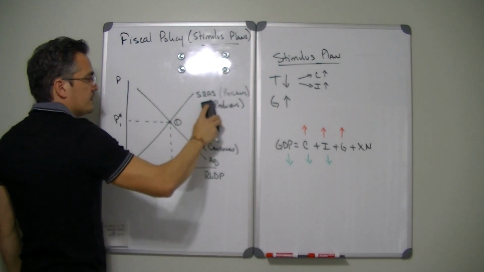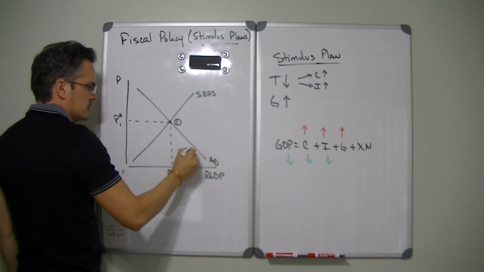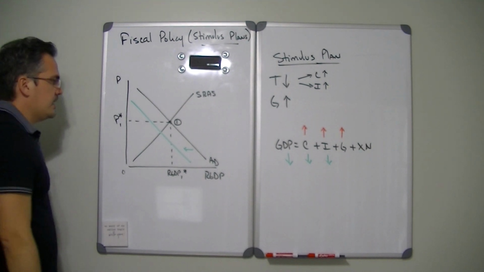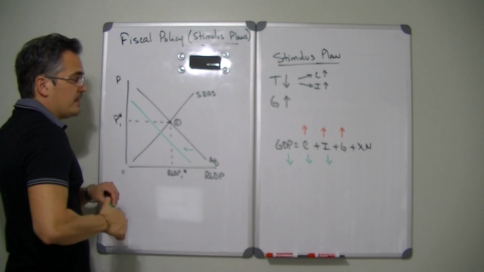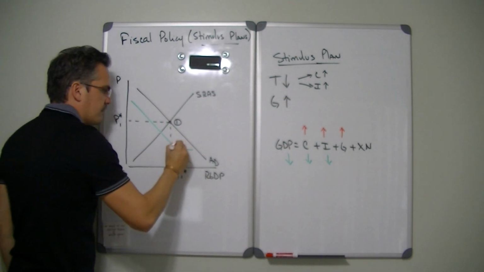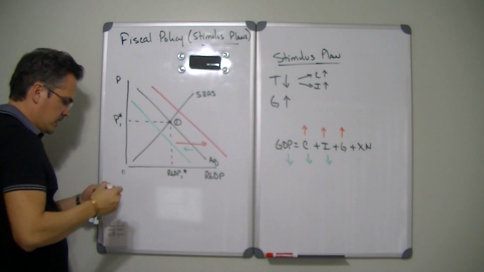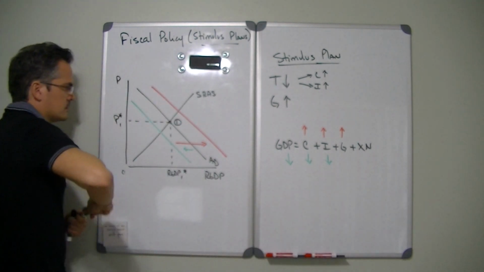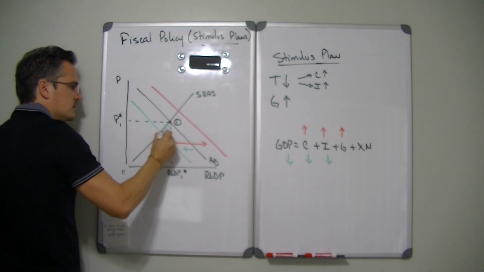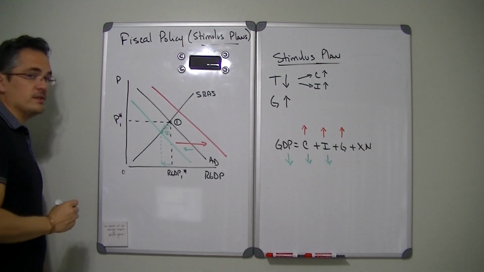So as you enter a recession, what you see is a shift to the left of aggregate demand, and what the government is basically trying to do by passing a stimulus plan is push the aggregate demand in the opposite direction of where it is moving. So a recession is created because when equilibrium changes from 1 to 2, you're going to see a decrease in real GDP, and that's what we call a recession.